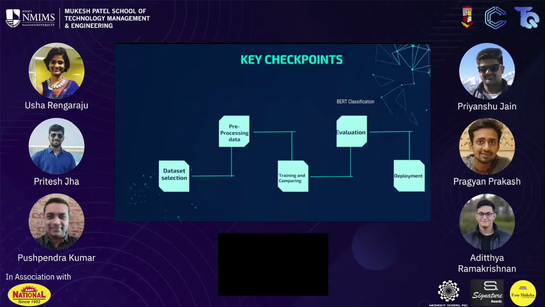For comparison, we used the Manhattan LSTM, the ESIM LSTM, and an SVC model. We'll go over evaluation in a bit more depth. Then finally, we deployed it as a Chrome extension with a Flask backend, and for the front end, we used HTML, CSS, and JS.